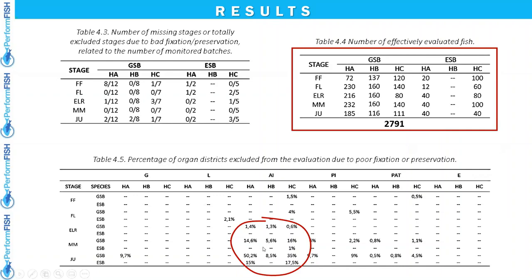I remember also that some samples, in particular some organ districts, were the most compromised due to poor preservation or poor fixation, and so often excluded from the evaluation, in particular, of course, the anterior intestine.